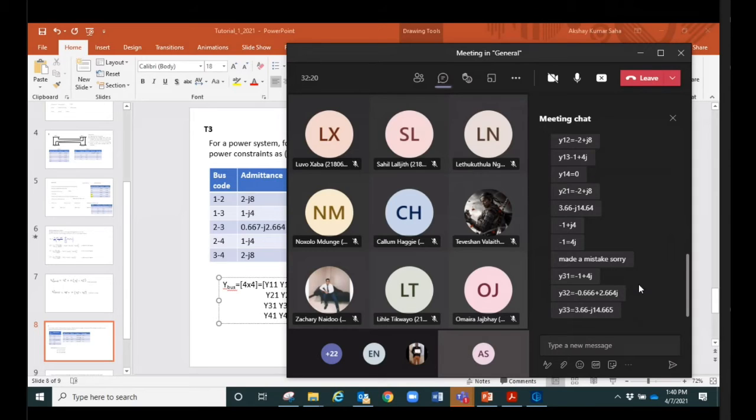So now the next step. Let me add a new slide. The next step is to calculate V2^(1). So what we have now, we need to know the Q2, because in the V2 equation we need to know Q2.